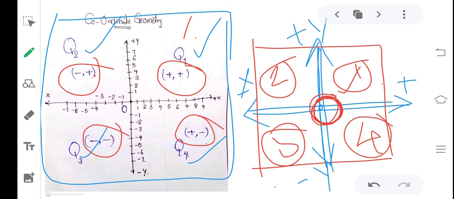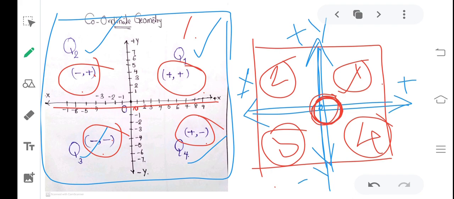Now, how do these plus, minus signs come? Here you should remember these points. When you are going to plot the point, and whenever you are drawing the graph, this is the fixed one you should remember. First you should draw the horizontal line, the x-axis.